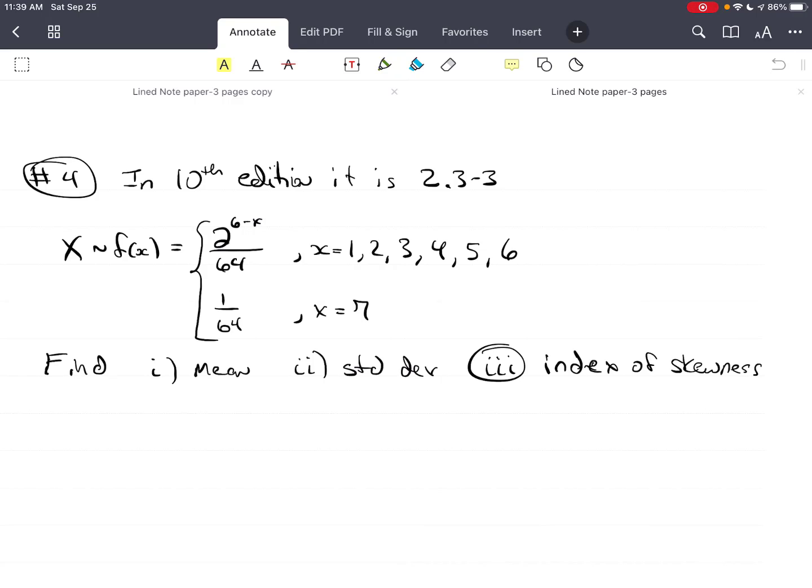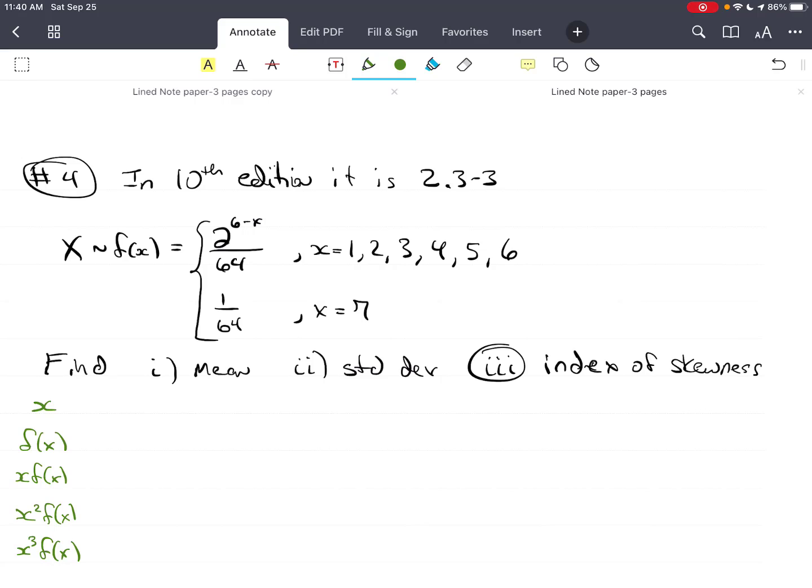So I have f of x for x equals 1 through 7. And I want to find the mean, the standard deviation, and the index of skewness. So the easiest way to do this is to make a table. And I'm going to have x, f of x, x squared f of x, x cubed f of x.